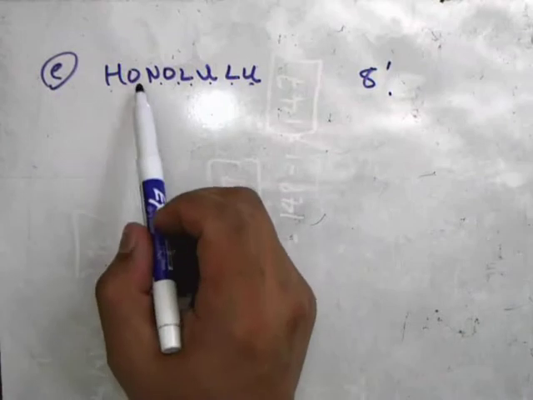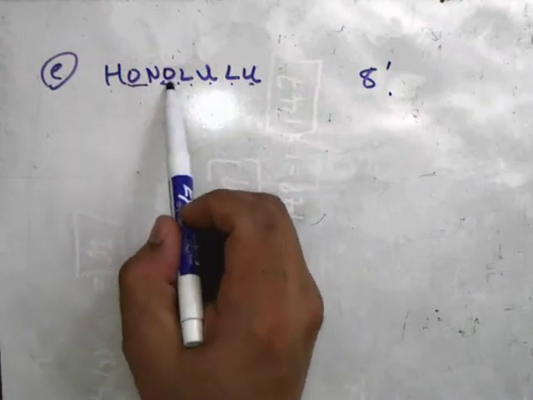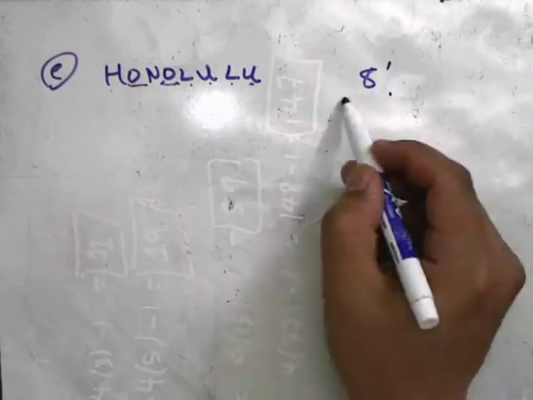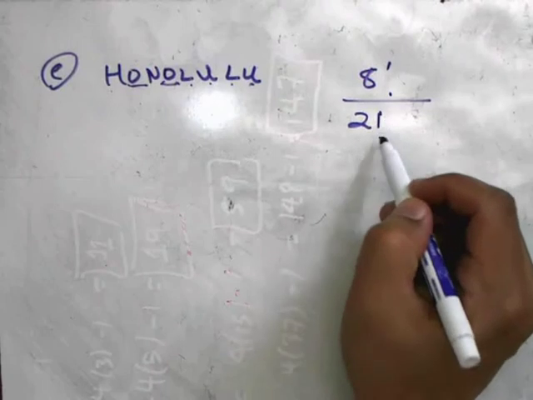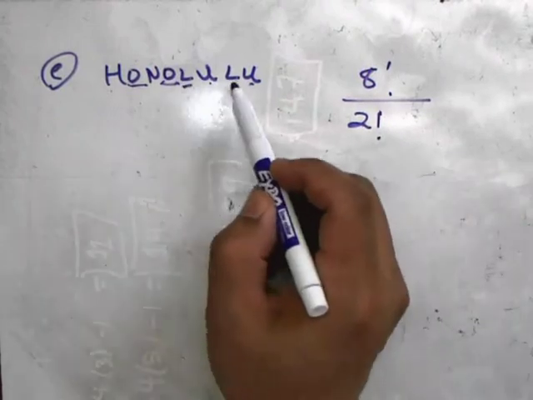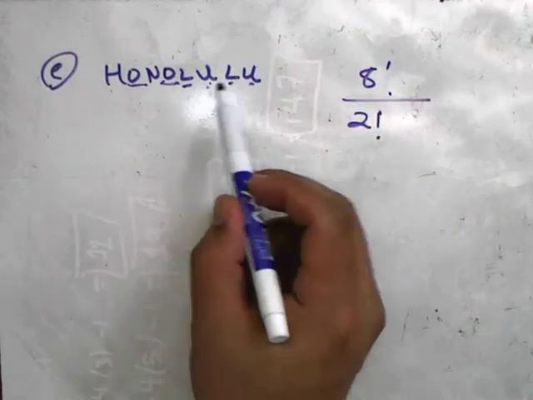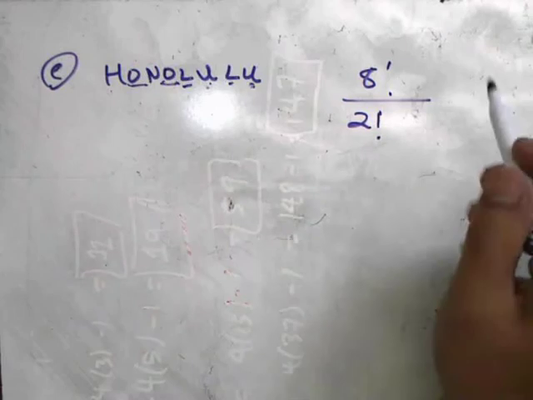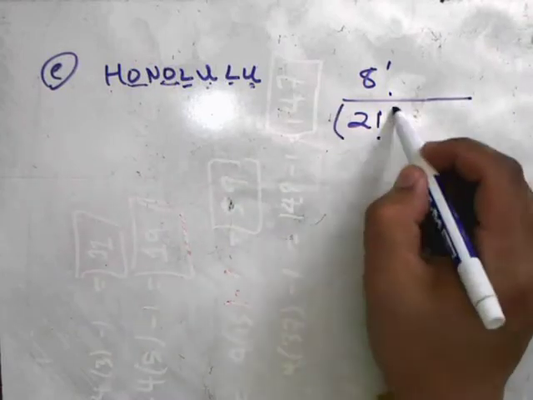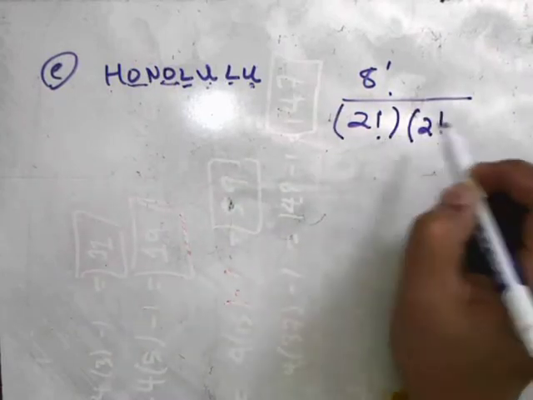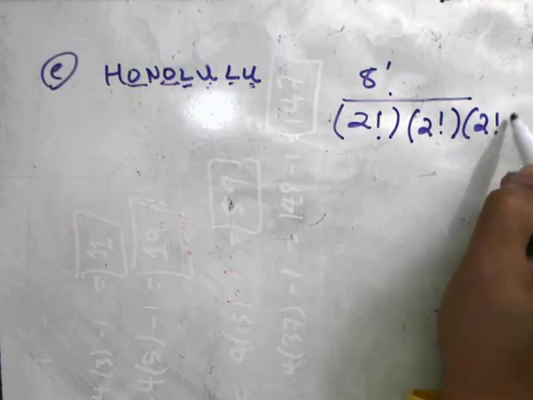But we know that these 2 O's here can be interchanged, so we have to divide by that. And then the 2 L's can also be interchanged, and the 2 U's could also be interchanged. So the solution to this is actually 8 factorial over 2 factorial times 2 factorial times 2 factorial.